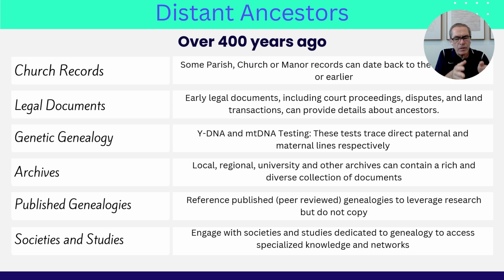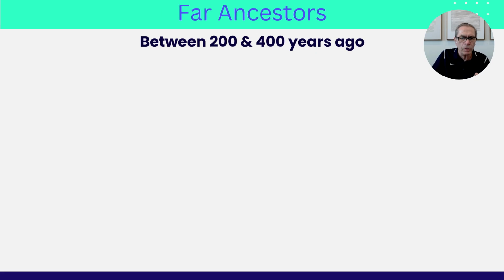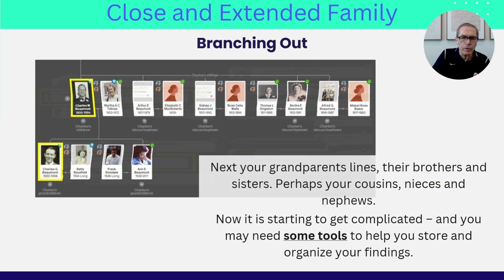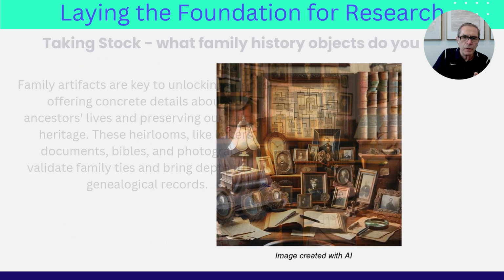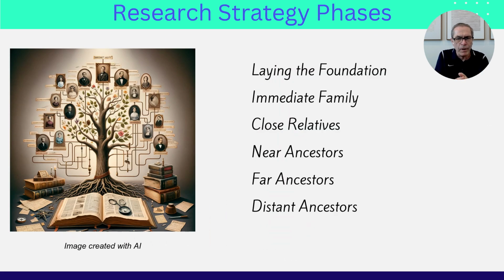So that's the structure, right? We'll go back and talk about where we were. Let's go back to the different steps that lay the foundation. We talk about laying the foundation of your different objects and talking to people. We'll look at your immediate family, people that you know, then your close relatives, people that you relate to but may not know that well.